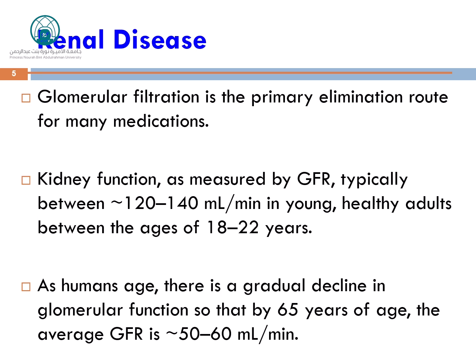First of all, we will start with the renal diseases. Concerning the renal diseases, we will discuss the issue depending on certain parameters that will help us to determine the degree of the renal failure. The major parameter is the glomerular filtration rate, GFR, which is the primary elimination route for many medications.